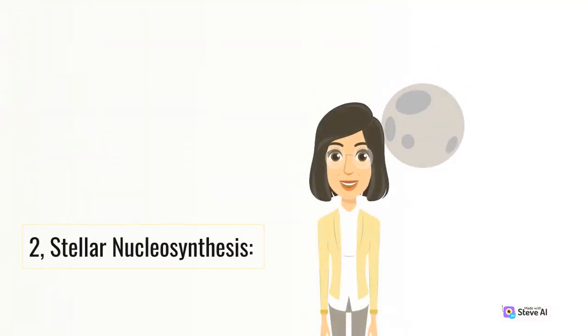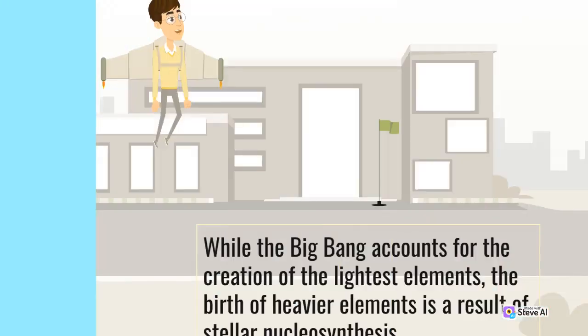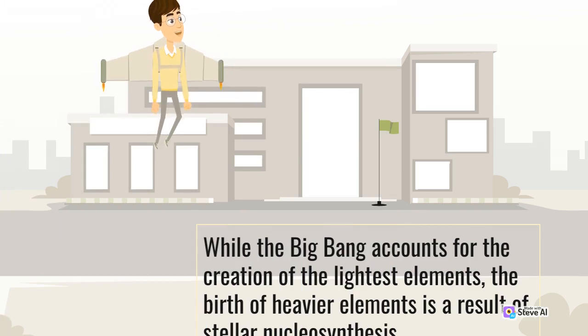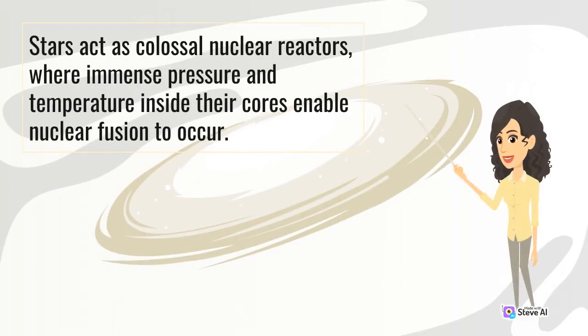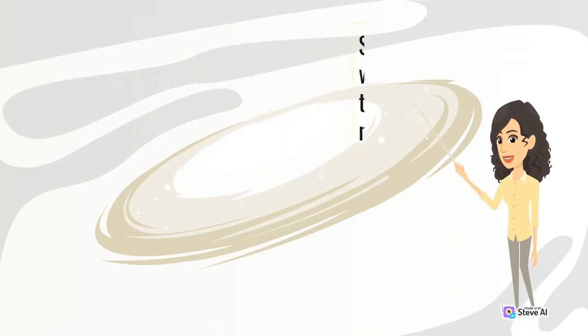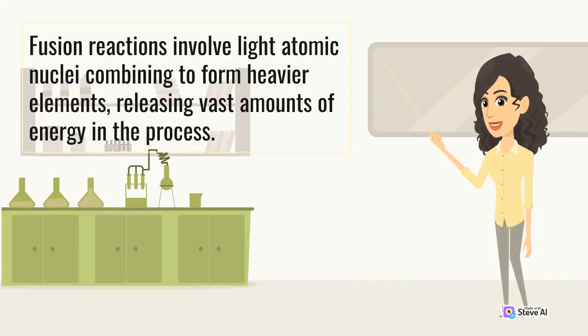2. Stellar nucleosynthesis. While the Big Bang accounts for the creation of the lightest elements, the birth of heavier elements is a result of stellar nucleosynthesis. Stars act as colossal nuclear reactors, where immense pressure and temperature inside their cores enable nuclear fusion to occur. Fusion reactions involve light atomic nuclei combining to form heavier elements, releasing vast amounts of energy in the process.